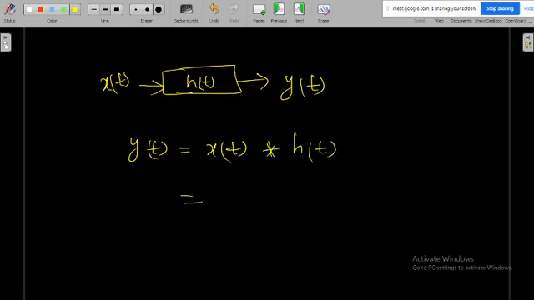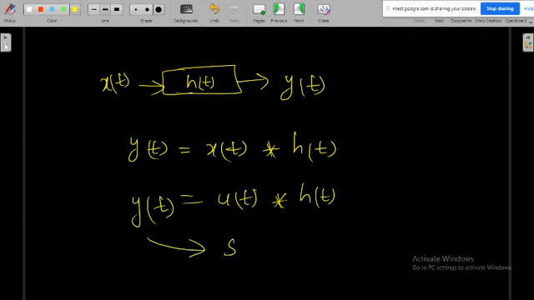If the input is the step function u of t, you do the convolution and you get some output. This output we call the step response. So the response of the system when you provide a step as input is the step response.